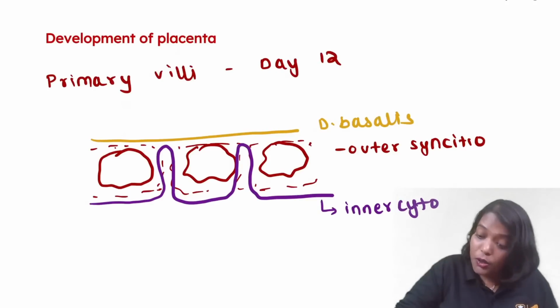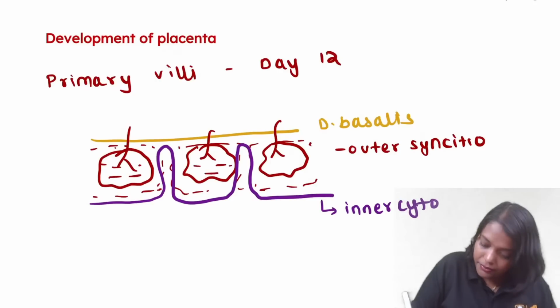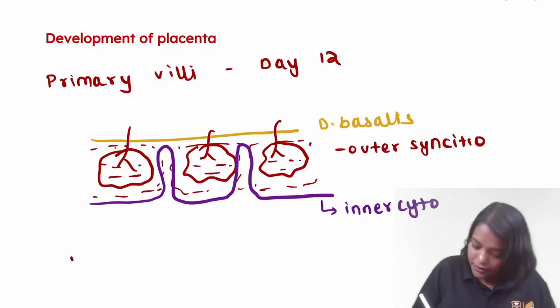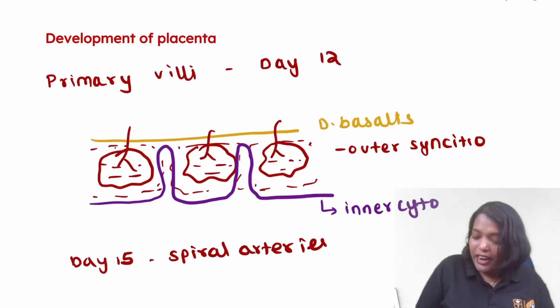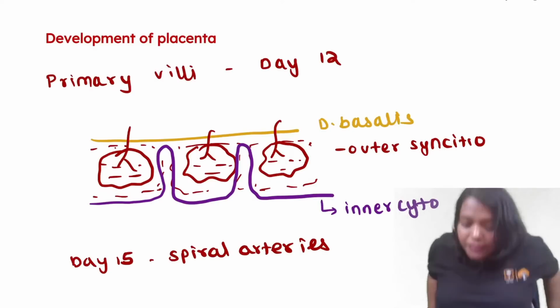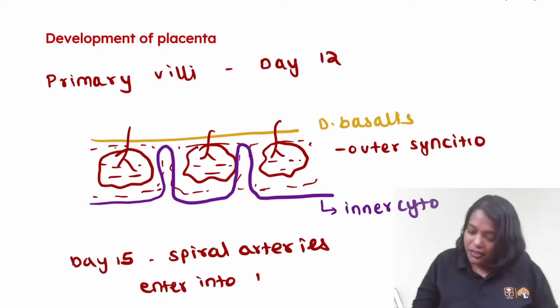And on day 15, spiral arteries enter into this intervillar space and fill it with blood. So day 15, spiral arteries enter into intervillar space.